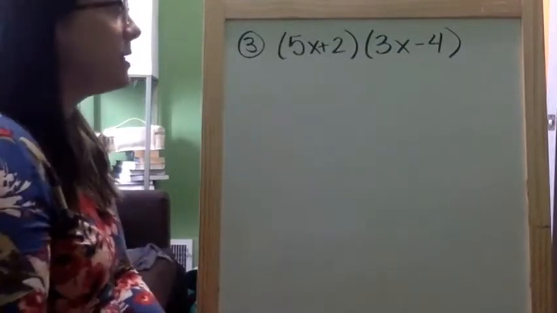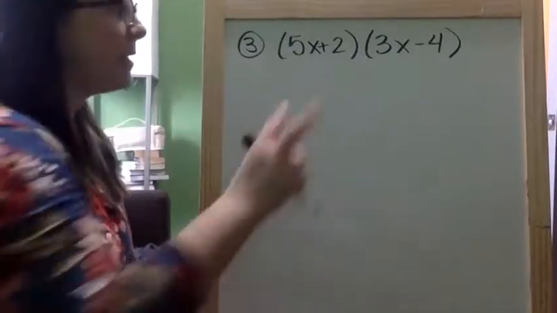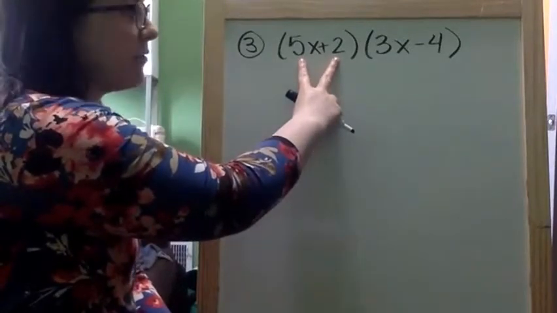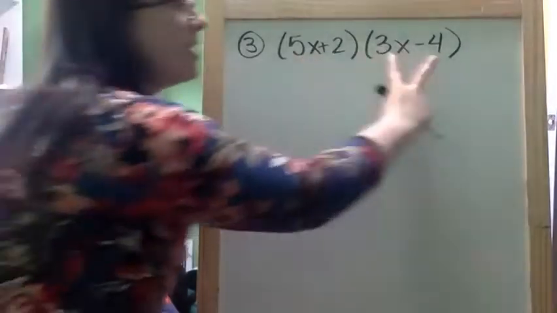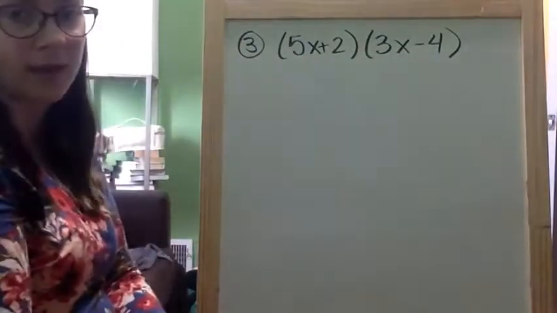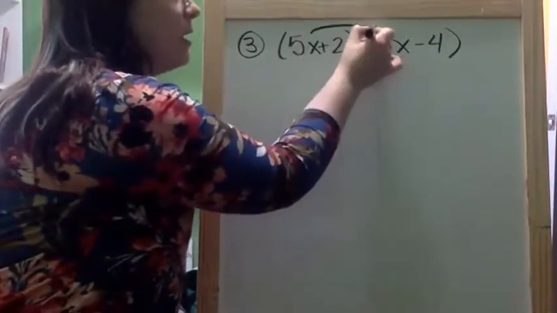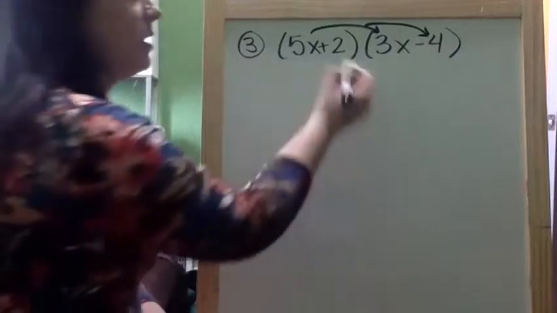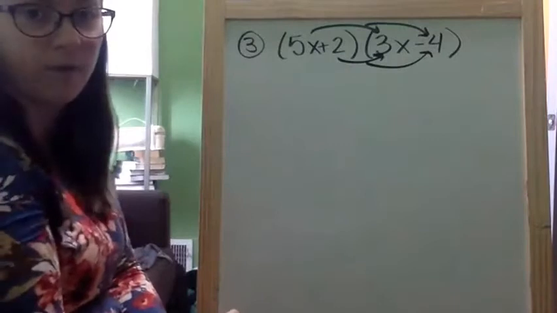So when we say distribution, what we're really saying is I need to distribute everything in my first binomial to everything in my second binomial. So that means the 5x has to multiply to the 3x and to the negative 4. My 2 has to multiply to the 3x and the negative 4.